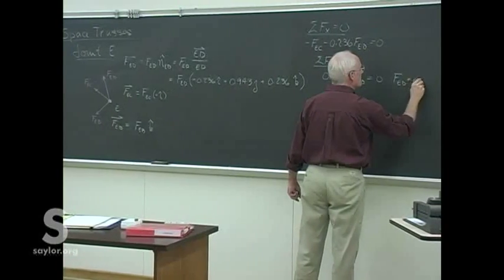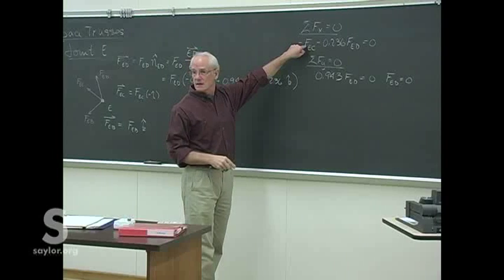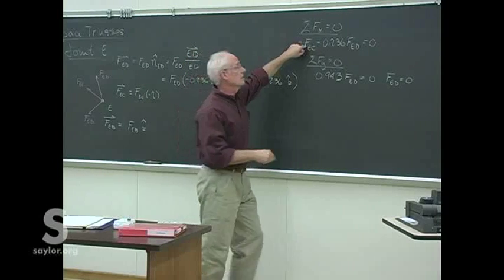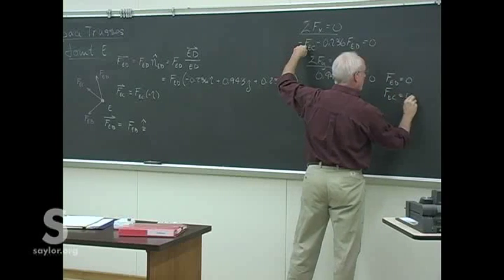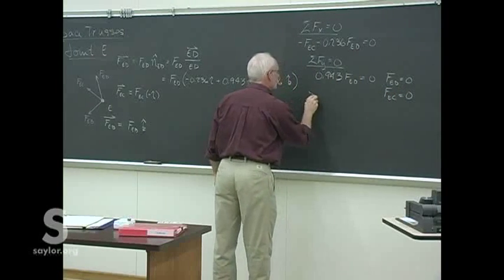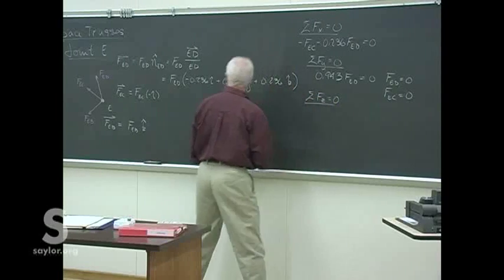Does that make any, well, let's see. Oh, so now what's FEC? Also 0. So we're counting on the z direction to do something for us, or we're out of luck.